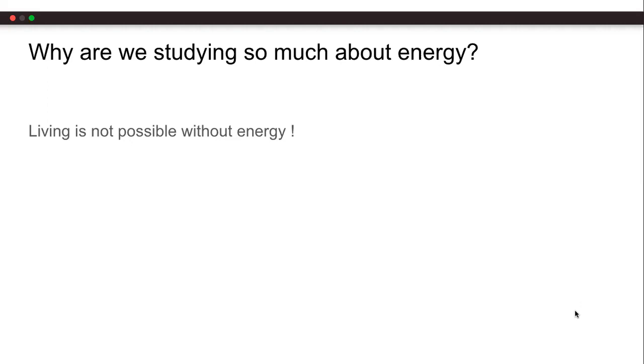The food we eat is made up of various compounds, molecules, and energy is stored in those. And that energy is released, converted into a different form, in the process which is called respiration, Karthik, not digestion.